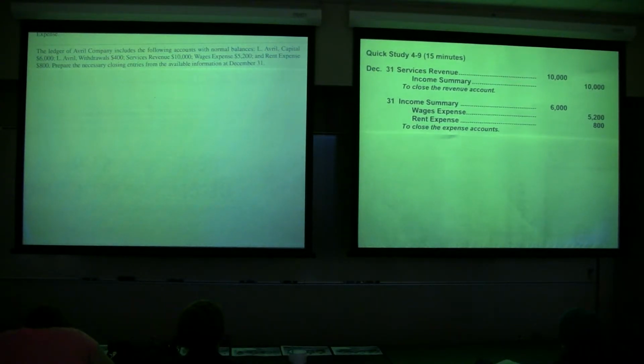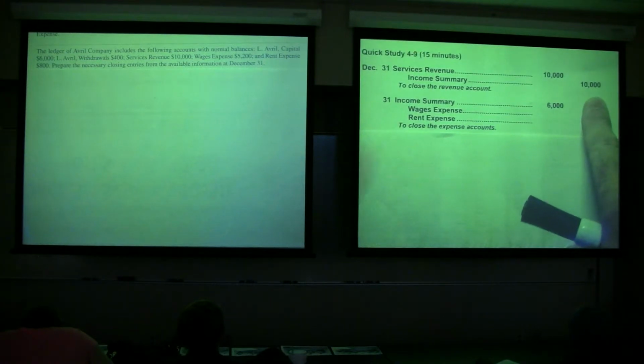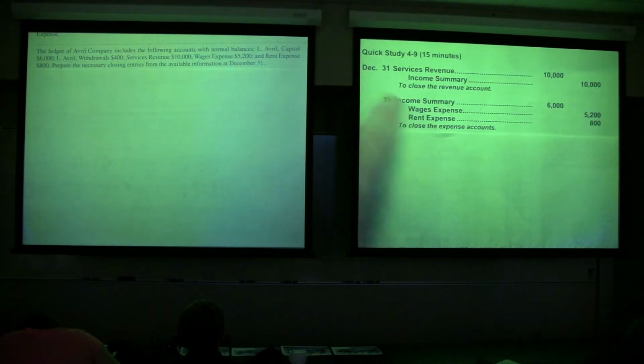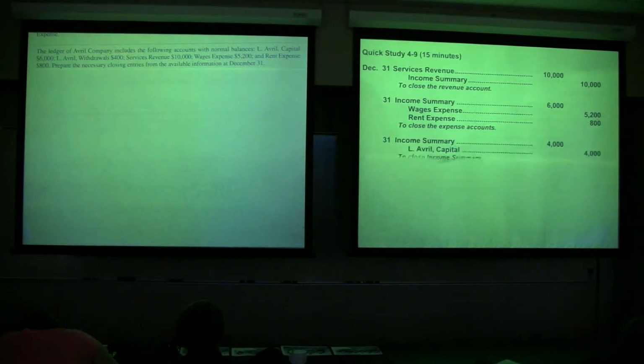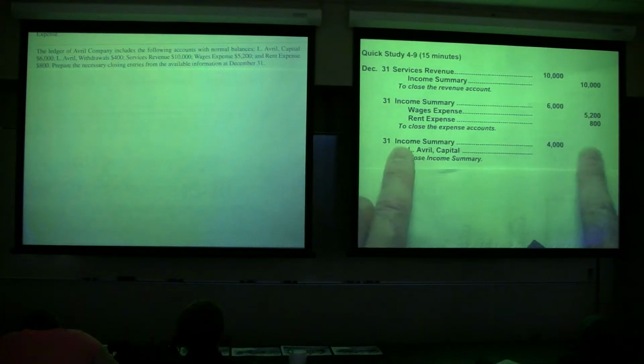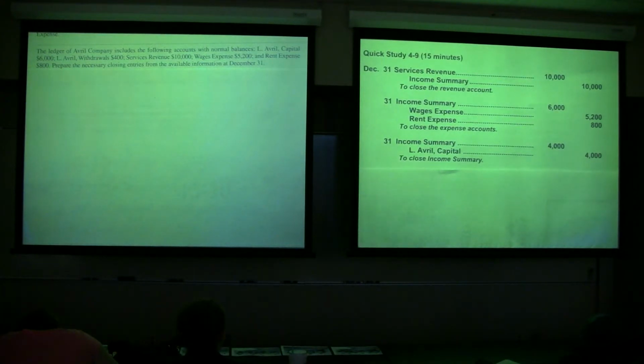Okay, so if we have a $10,000 credit income summary, a $6,000 debit, the balance will be a $4,000 credit. That'll be a net income. So we're going to increase the capital account by the amount of the net income and zero out the income summary account with the debit. And that's when it's a net profit or net income.